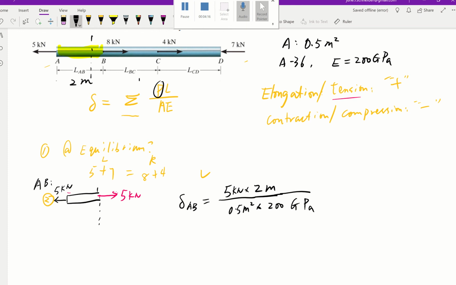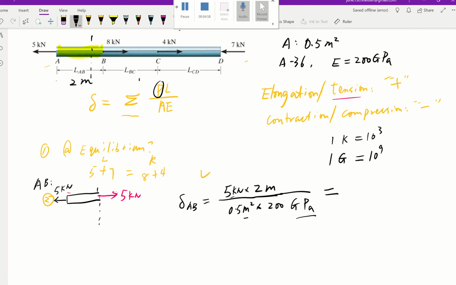All right, now let's think about the unit. Let's first look at this one. Pascal times area, so gigapascal times meter squared, will give us what? Giga force, because Pascal is Newton per meter squared. So that's going to give giga force. And how about if we change this 200 gigapascal, giga to kilo, right? Because you have kilo right here. So 1 giga is 10 to the power 9, and 1 kilo is 10 to the power 3.